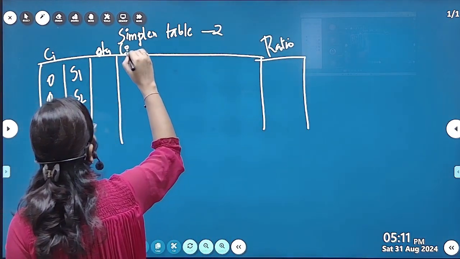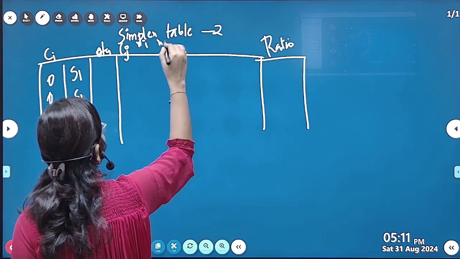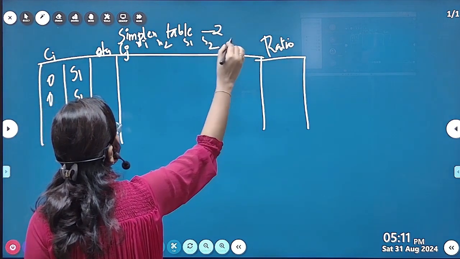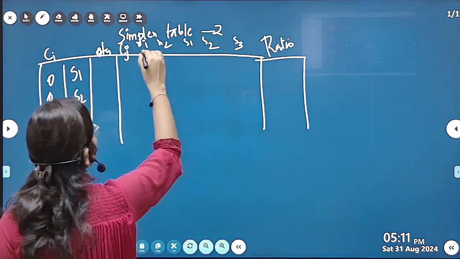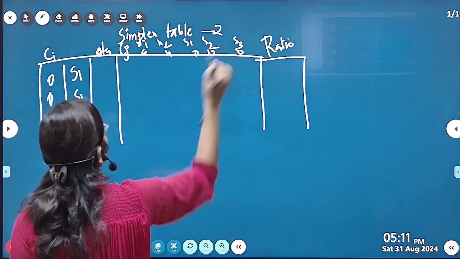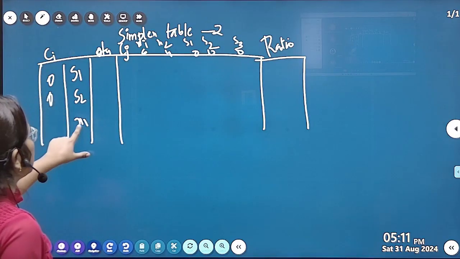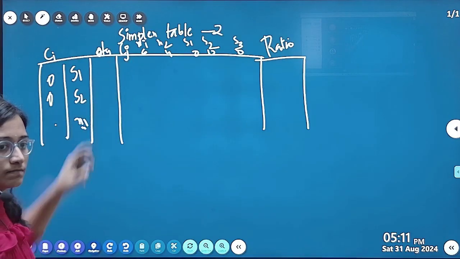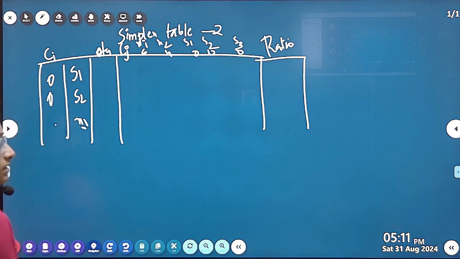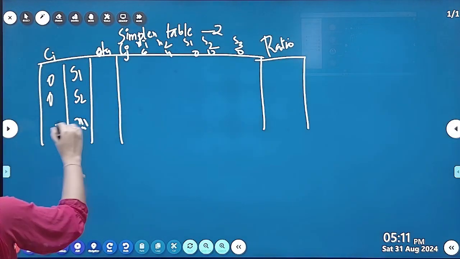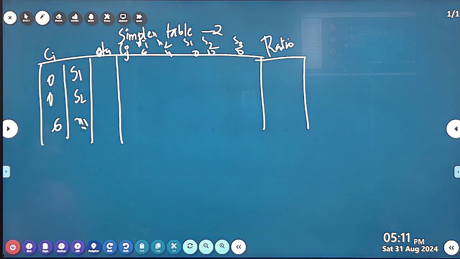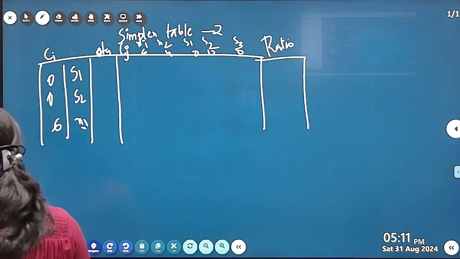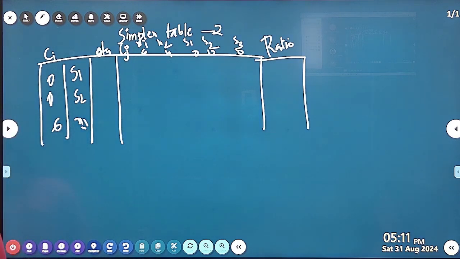Cj values: X1, X2, S1, S2. So this is 6, 4, 0, 0 and 0. Now the Cj value of X1 is 6, so we have to write 6 here. Clear? Is there any doubt? You can ask me now itself.